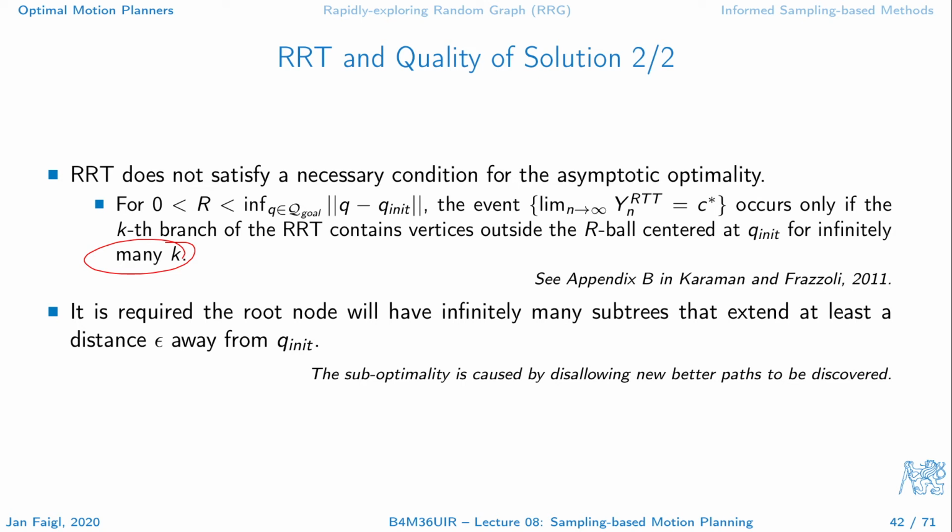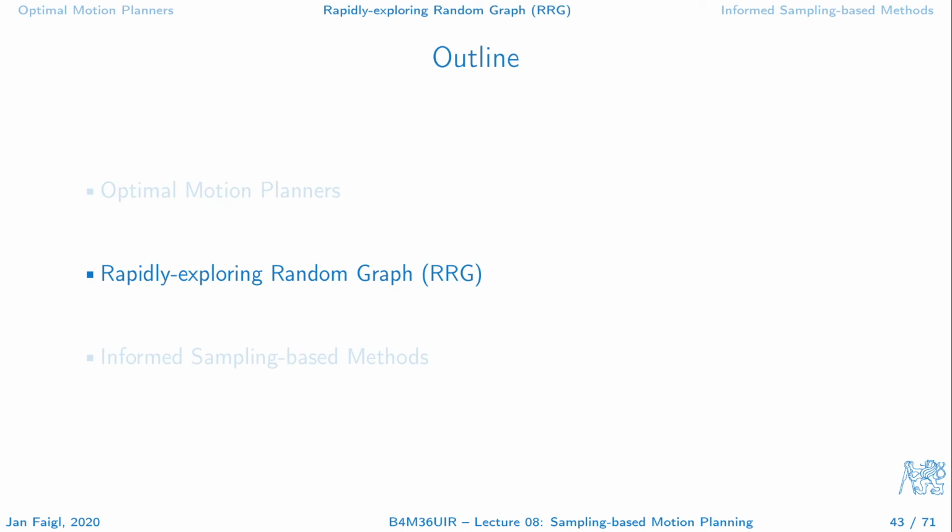So it is actually required that the root node will have infinitely many subtrees that extend at least a distance epsilon away from Q init. So this suboptimality is caused by disallowing new better paths to be discovered. Because once we expand, we are done. So we are not improving the path. So that's one of the main points.